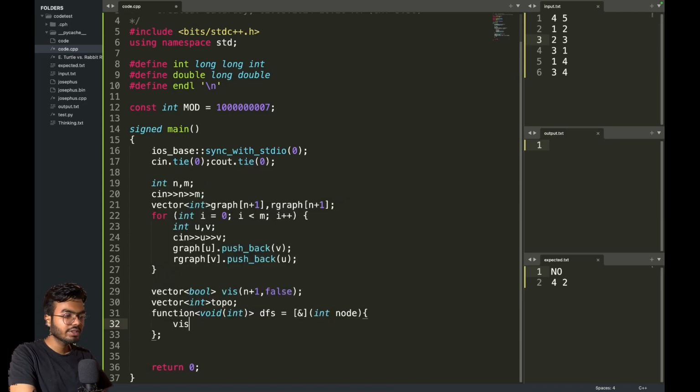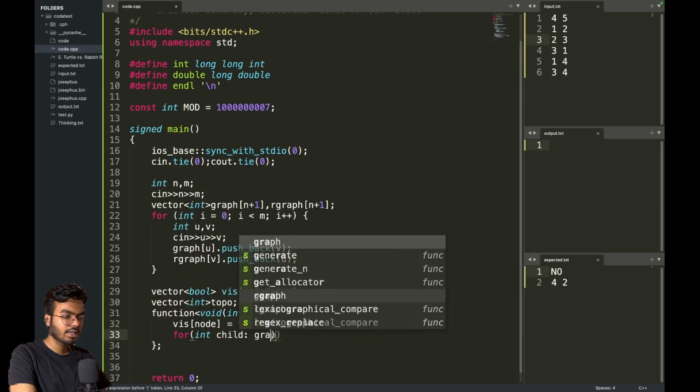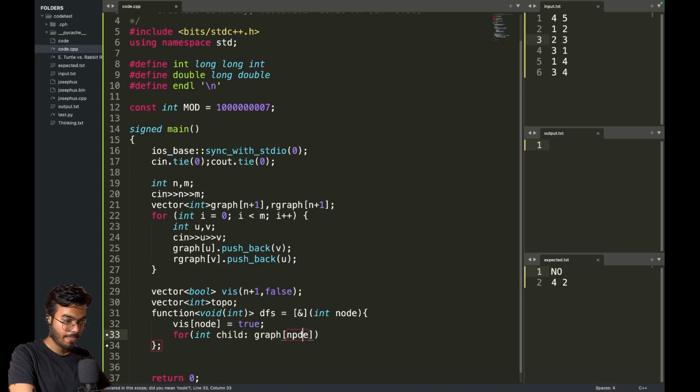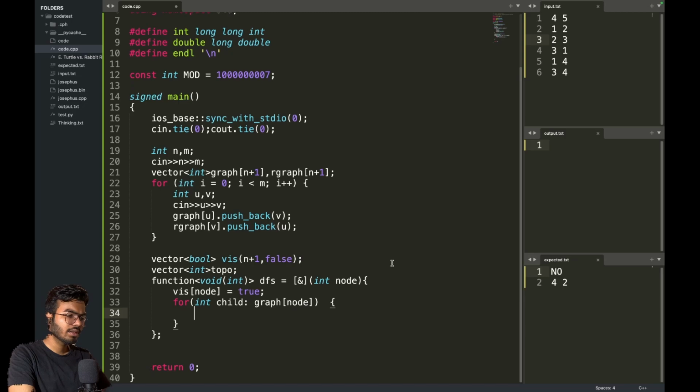First thing I will do is visited of node equals true, and then I will traverse all the children, graph of node. And if not visited of child, I will say dfs of child.